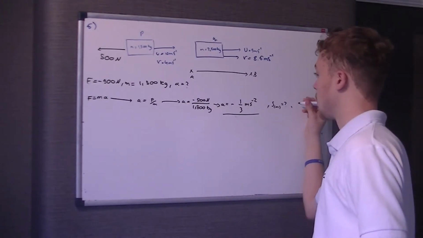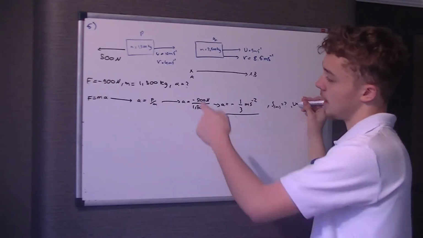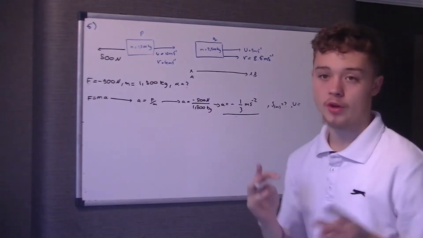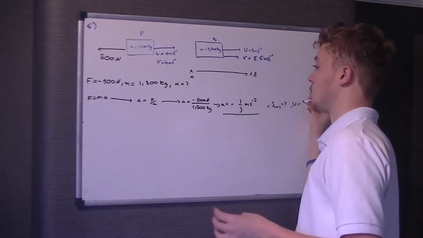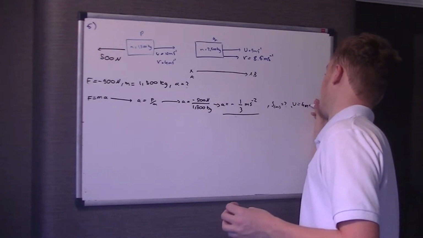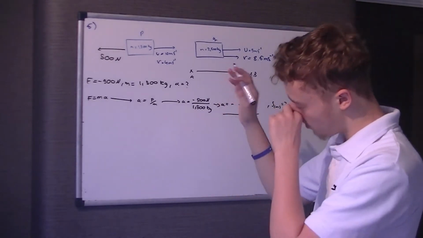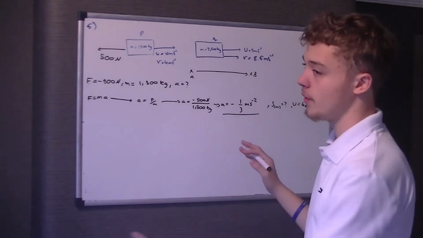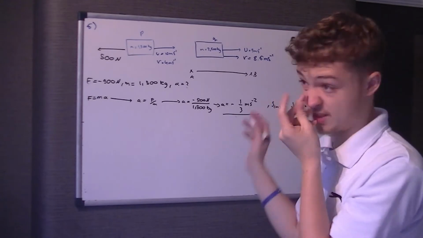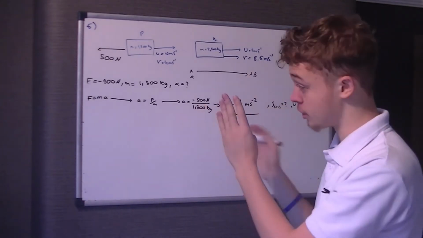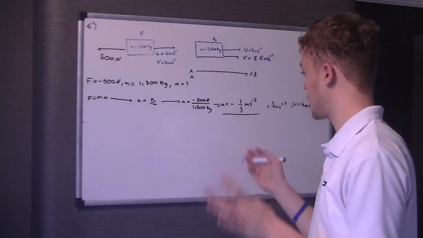We don't know that. We know the initial speed, which is actually 4 meters per second, because this braking force wasn't applied before the impact. So the initial speed was actually the final speed of the first part of this journey, which is him going from the initial point to the collision, and then the second part is going from the collision to stopping at B. So we're interested in the second part.